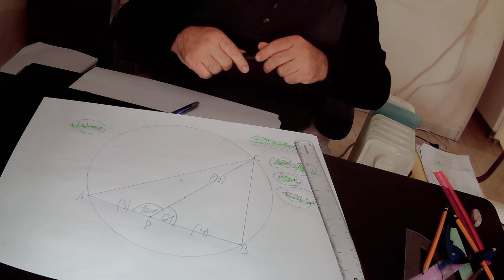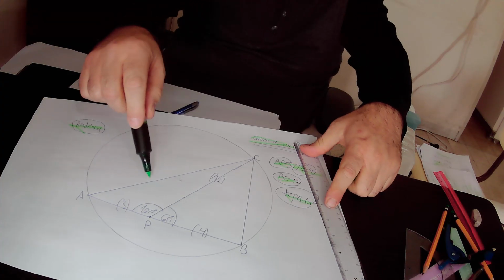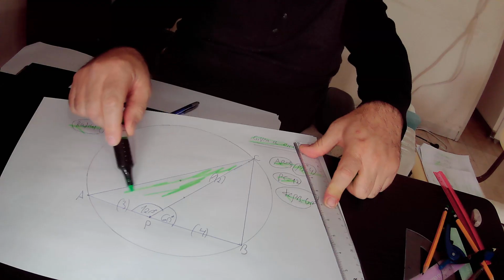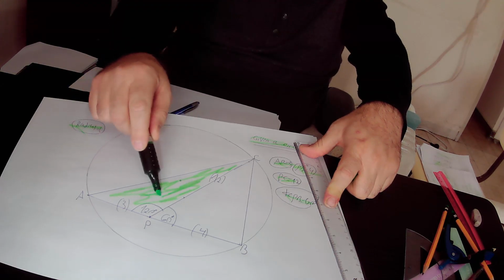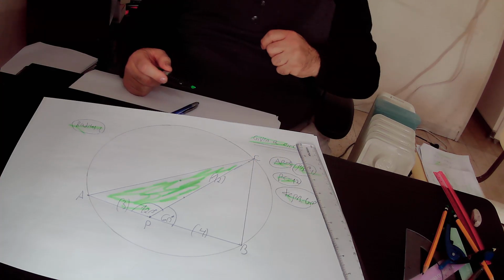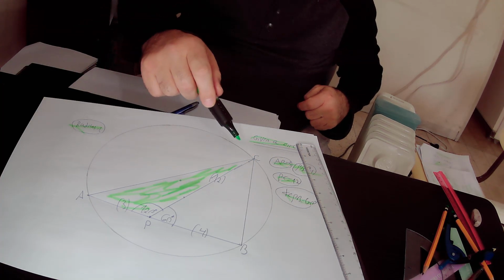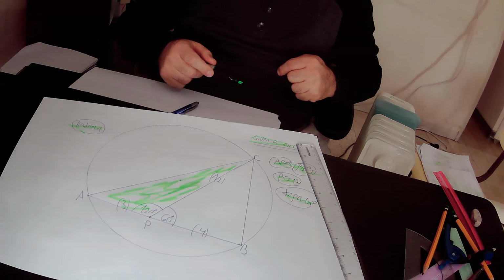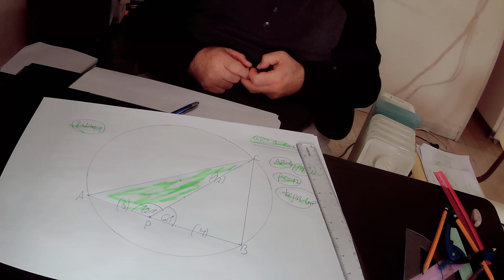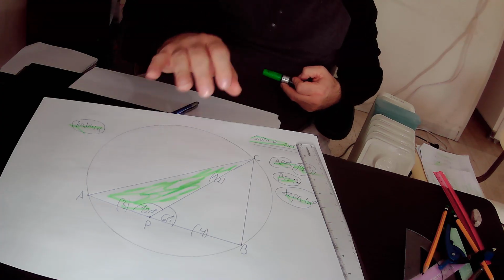The first triangle is the green triangle CPA. The second triangle is the white triangle CPB, and the third triangle is triangle ABC, which consists of those two smaller triangles.